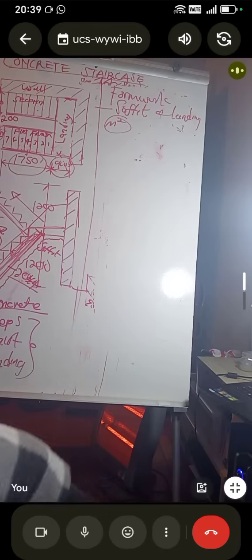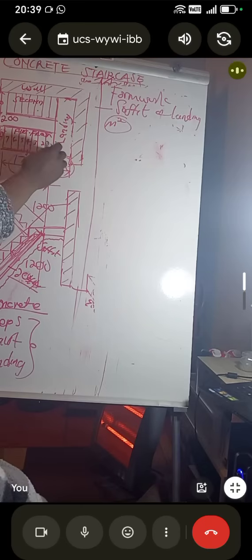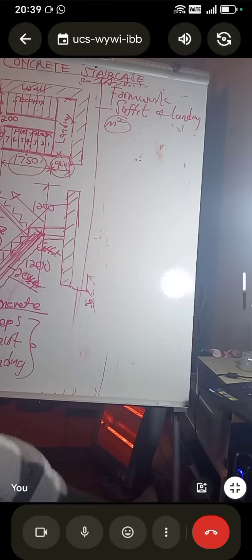So it's going to be 2.044 times 3, because it's 1, 2, 3. We have to put formwork here, the planks here. The other one we don't count because of the wall.